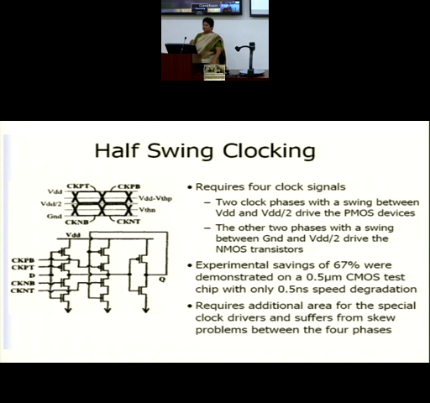So need I explain the operation? At any point of time, either a slave stage is on or a master stage is on. At any point of time, data moves only by one stage.